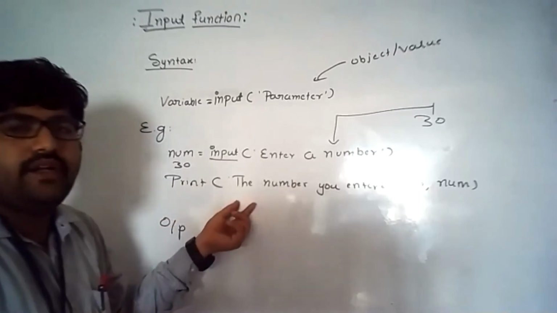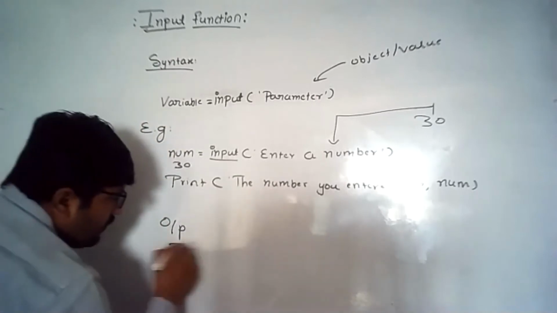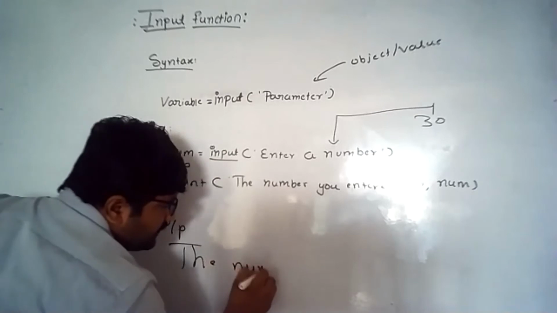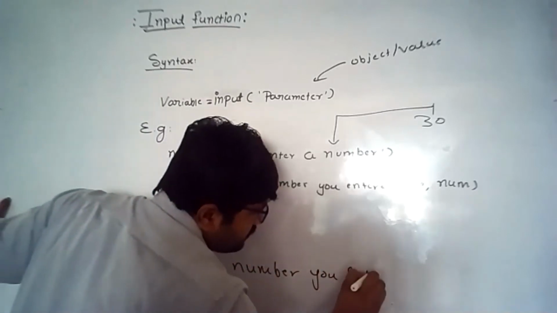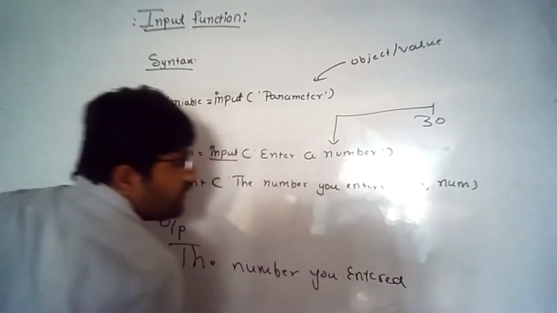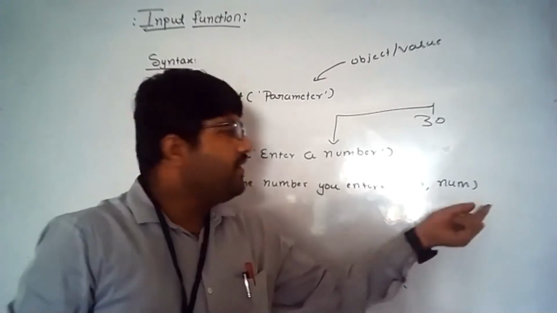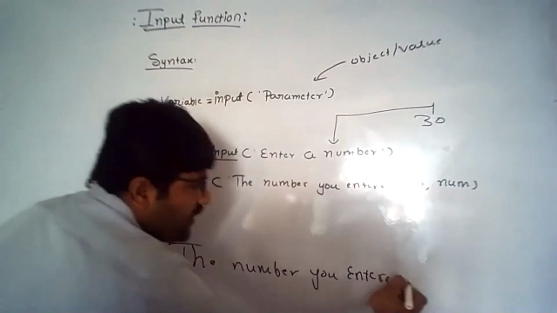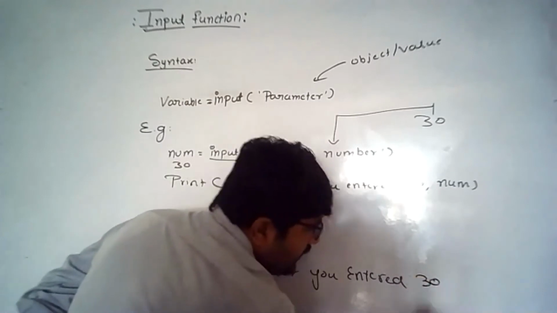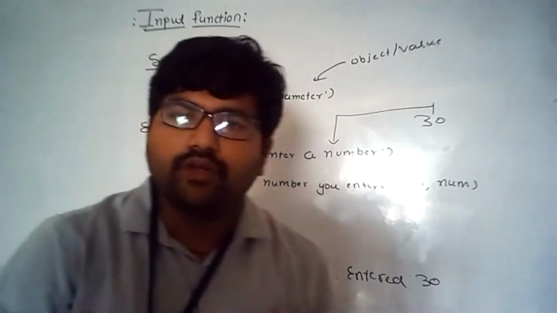What I need to print is: the number you entered, comma, num. What is the value in num? That is 30. I will write 30 here. I'm the interpreter now. This is how the input function is going to work.